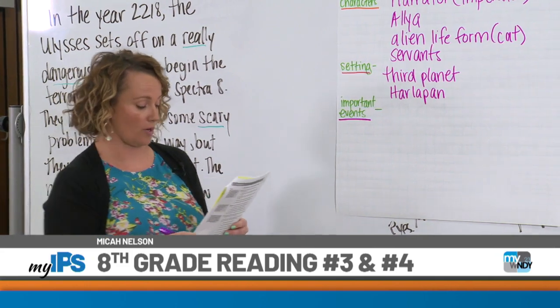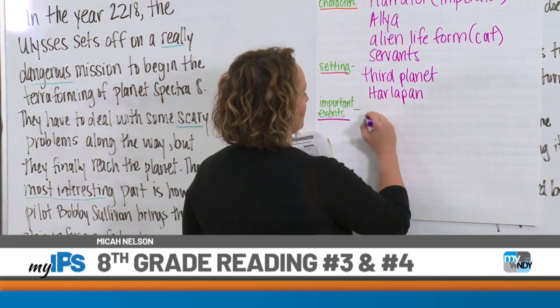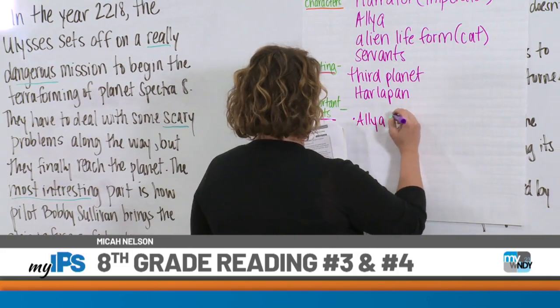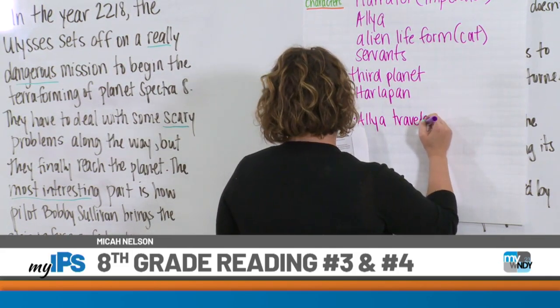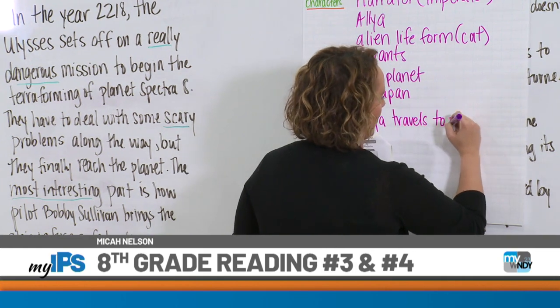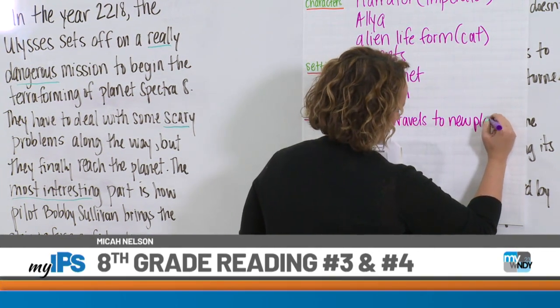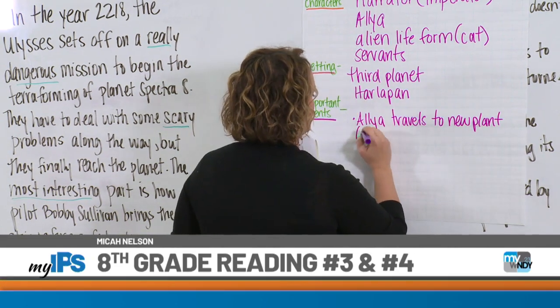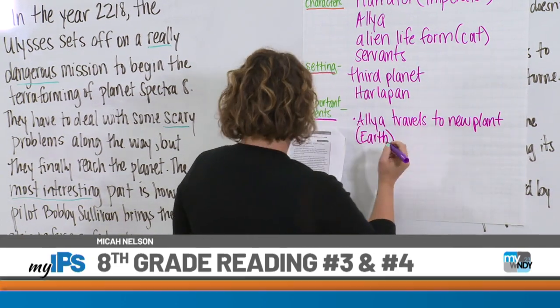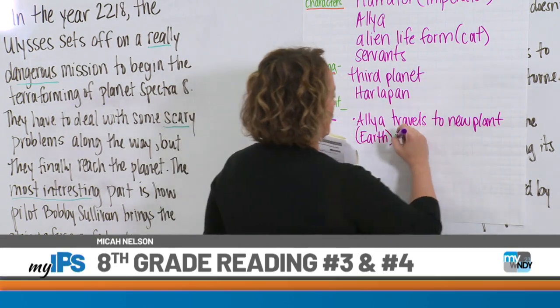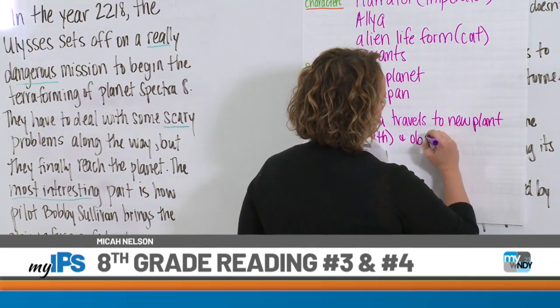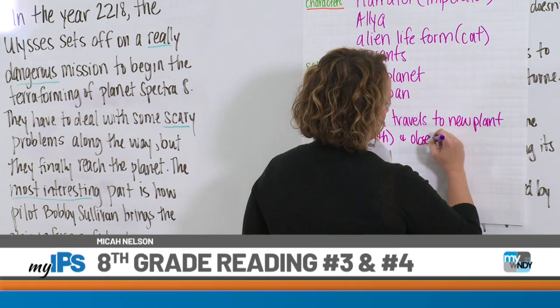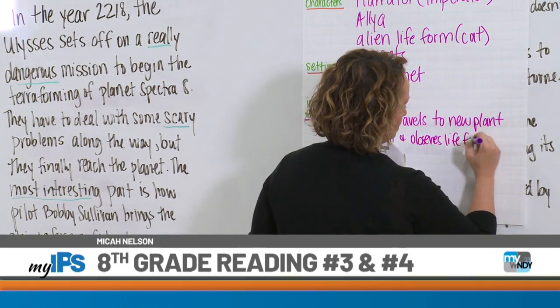And then we're going to talk about important events. So we know that, first of all, Elia travels to the new planet, which is Earth, and observes life forms.